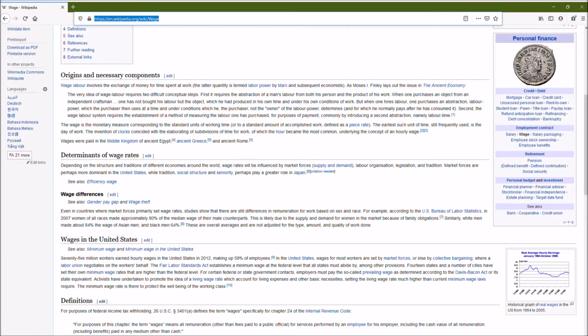When one purchases an object from an independent craftsman, one has not bought his labor, but the object, which he had produced in his own time and under his own conditions of work. But when one hires labor, one purchases an abstraction, labor power, which the purchaser then uses at a time and under conditions which he, the purchaser, not the owner of the labor power, determines, and for which he normally pays after he has consumed it.